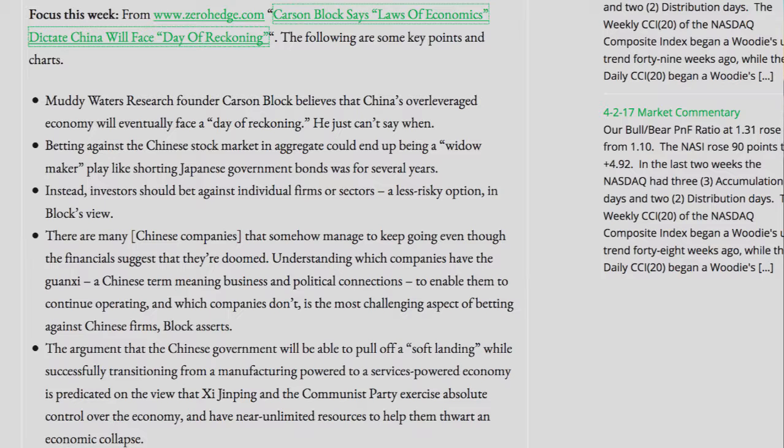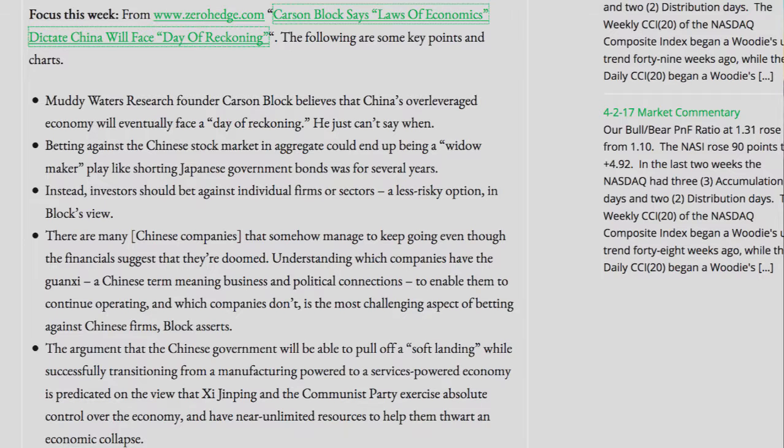Understanding which companies have the guanxi, a Chinese term meaning business and political connections, to enable them to continue operating, and which companies don't, is the most challenging aspect of betting against Chinese firms, Block asserts.